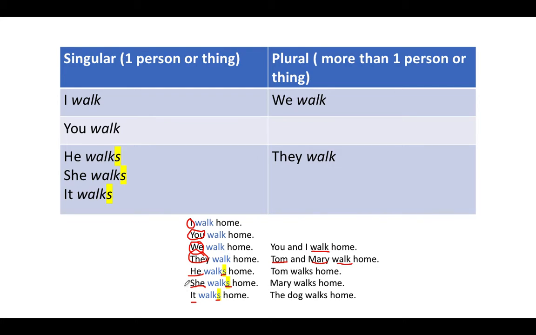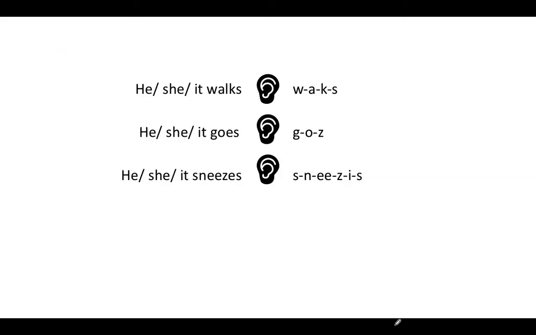Because Tom is a he. And if you said Mary walks home, we put the S because it's she. Mary is a she. It walks home. The dog is it. That's what it means. The dog walks home. So that's why there's an S.